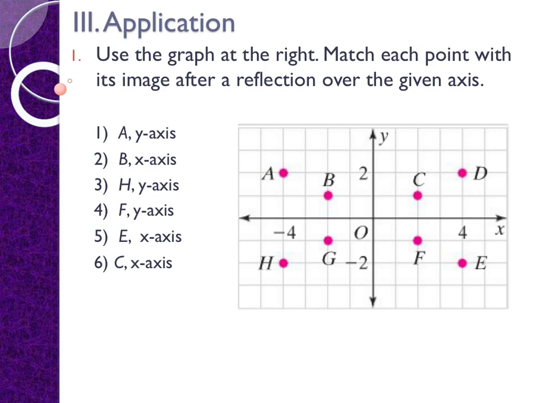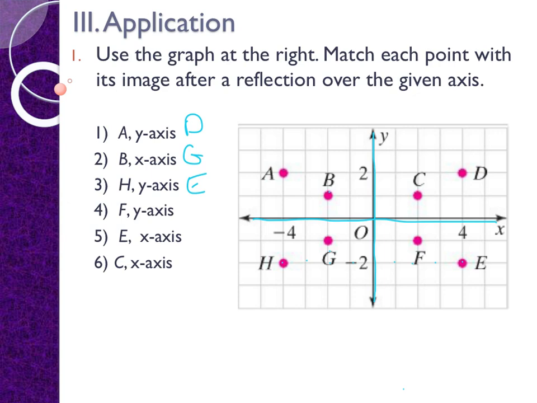D is 4 away from my y-axis. So D. B in the x-axis, it's my x-axis here. B is 1 above. G is also 1 above. So G. H against the y-axis. H is 1, 2, 3, 4 away. E is 4 away from the y-axis.